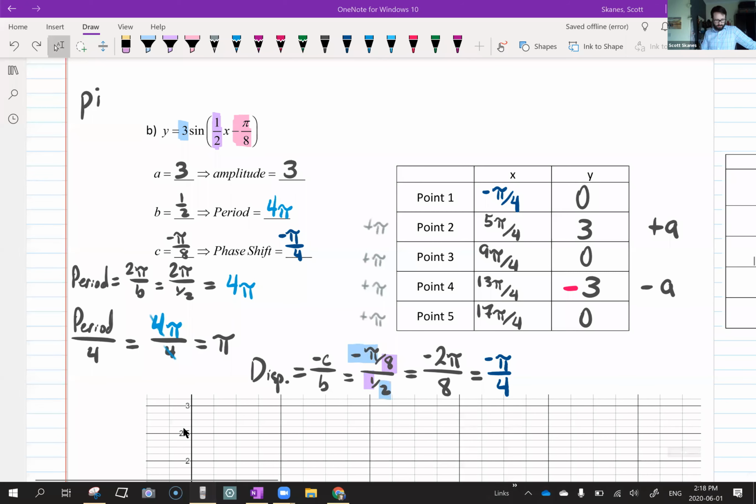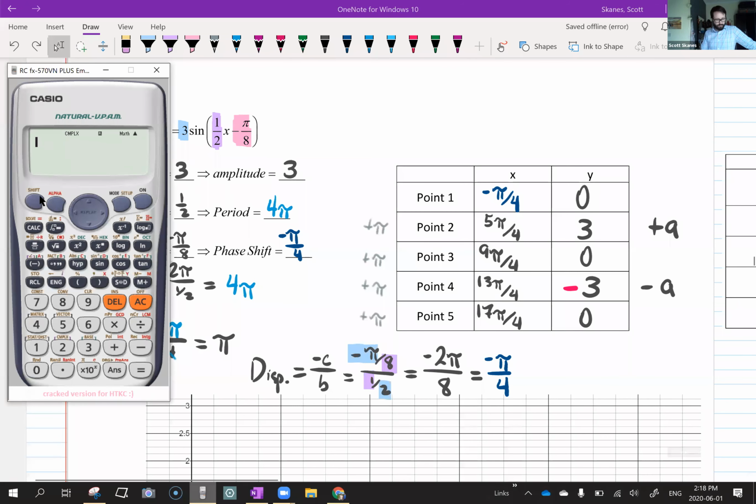In this case, I have negative pi over 4, or you can just use negative 1 over 4. And I'm going to add pi. If you only want to use the numbers, you can just add 1. Gives me 3 over 4.